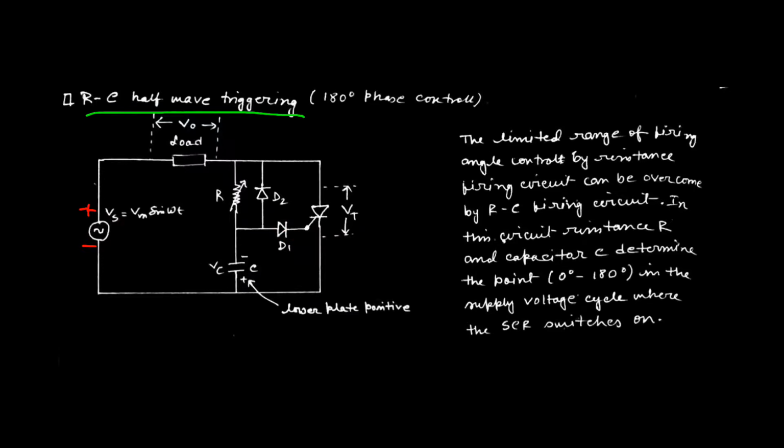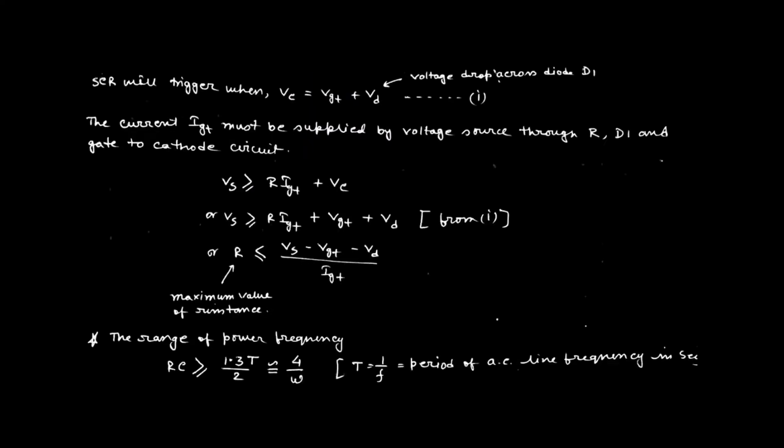So we can write the capacitor voltage Vc equal to VGT plus Vd.